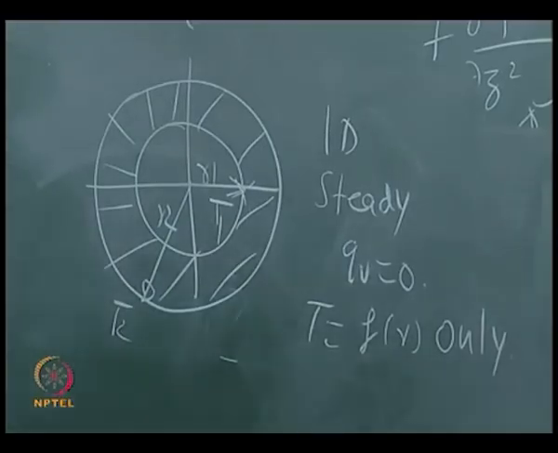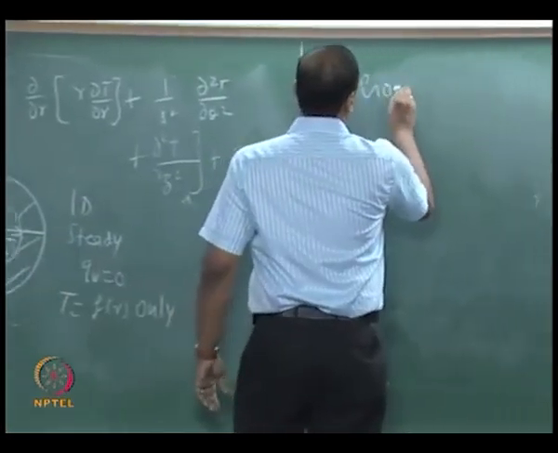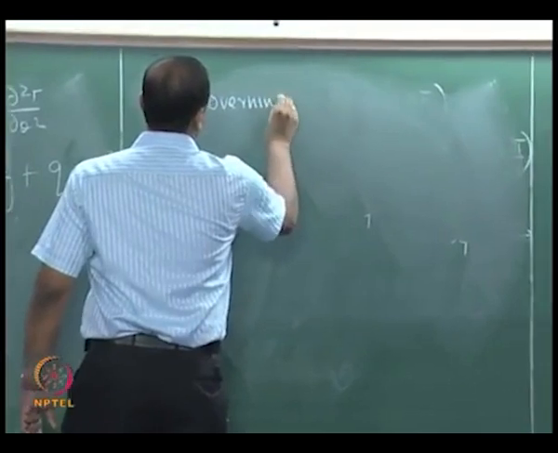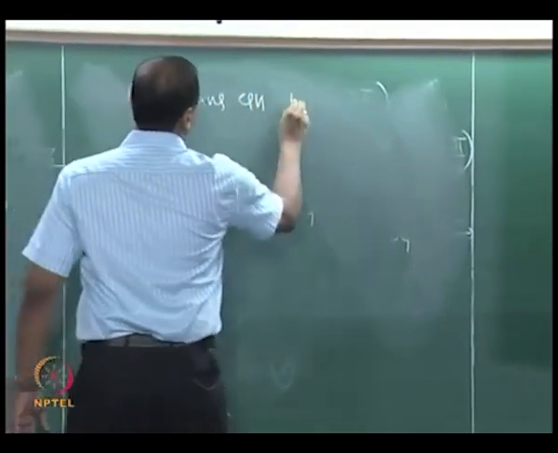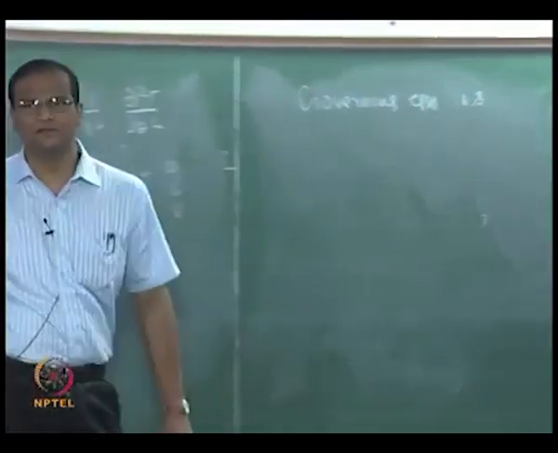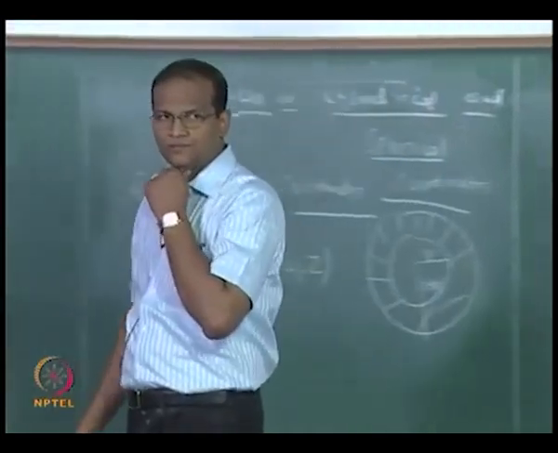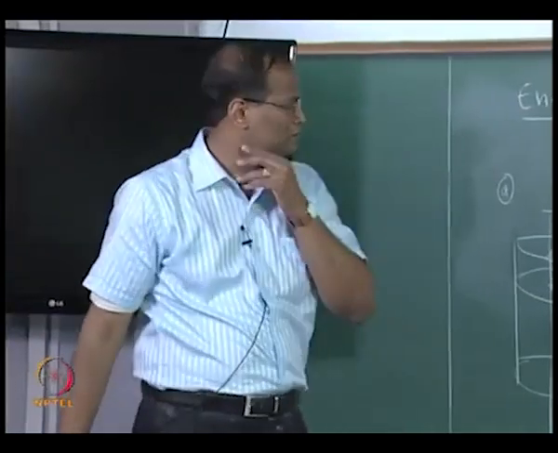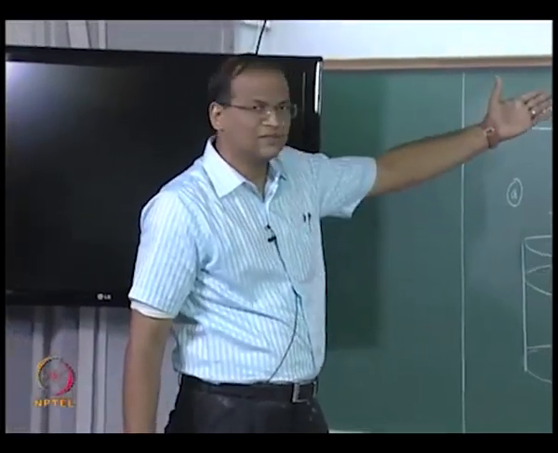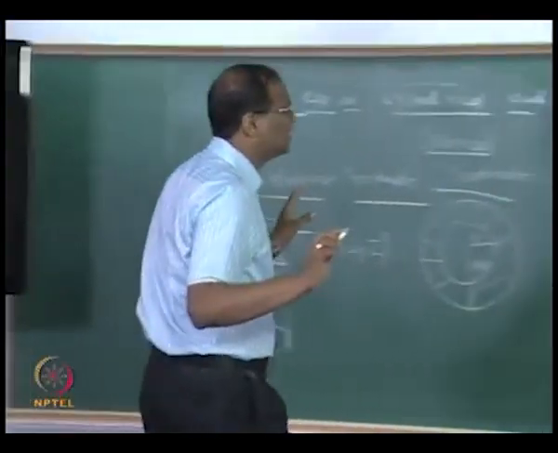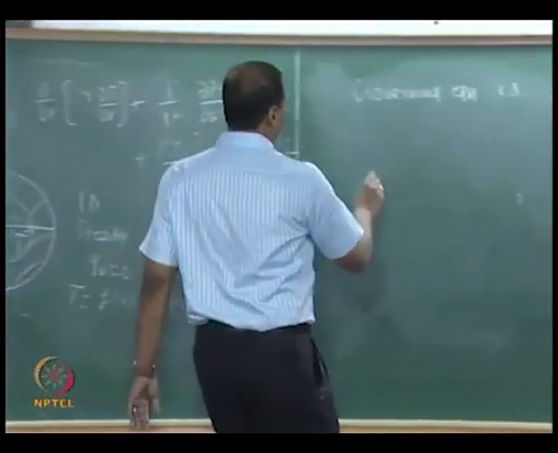Now please reduce the governing equation. So the governing equation is d by dr of r dT by dr equal to 0, that is it.